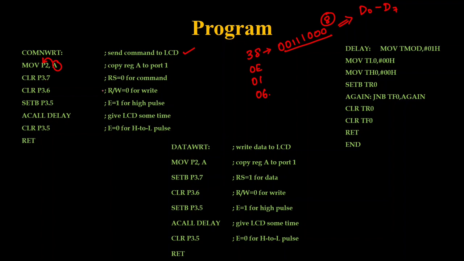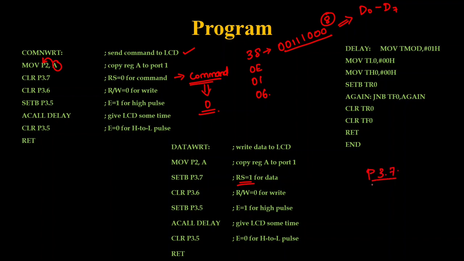So it is going to be read bar write. So if it is going to be read bar write, so it should be your command word. Whenever it is 0, it is going to be your command register. When this value is 1, we can see this P3.7. So sorry for that pin diagram.